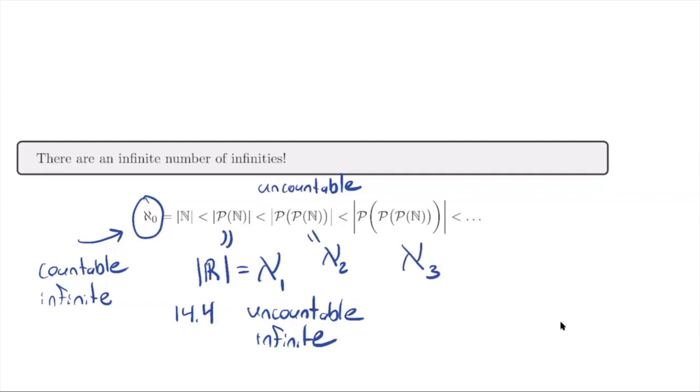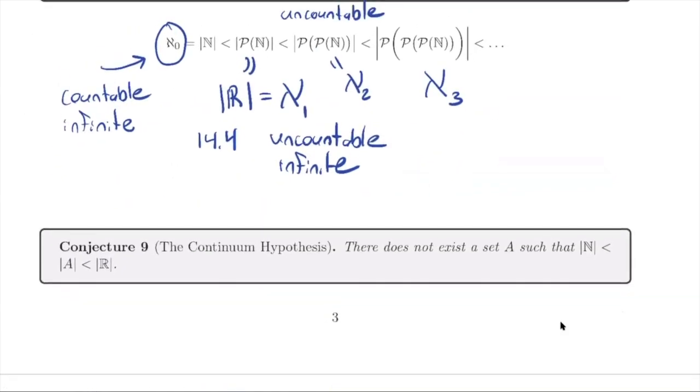So infinity behaves really, really strangely. And to really appreciate this, this is also in section 14.4. There's a conjecture, meaning there's a claim, we haven't proven it or disproven it, that there's no type of infinity between the natural numbers and the real numbers.